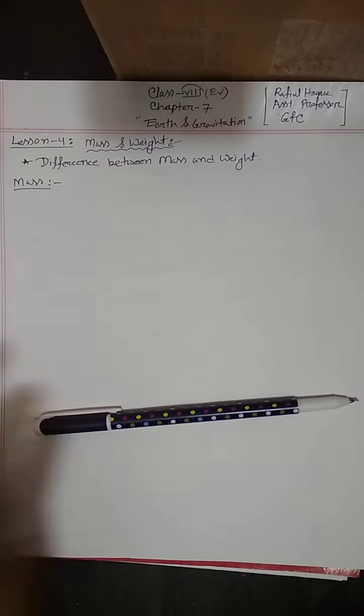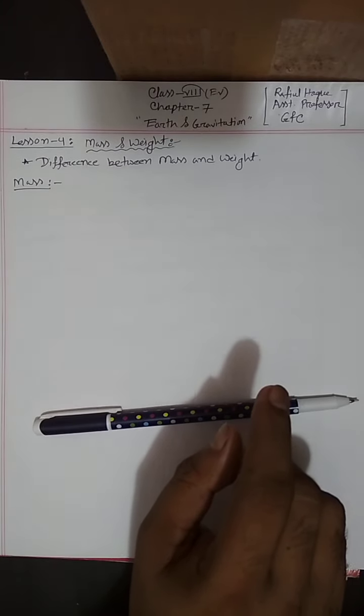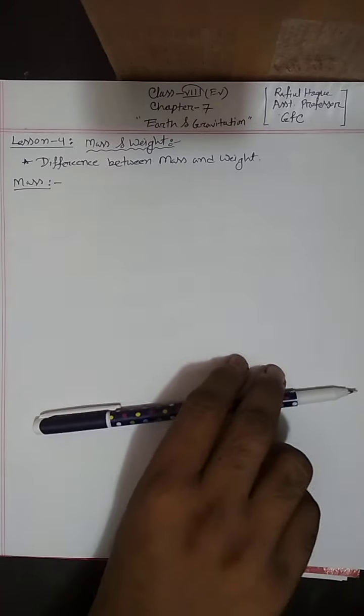So all objects are made of materials. Mass of an object refers to the amount of material present in an object. So what is mass?